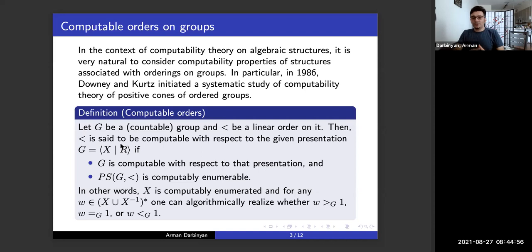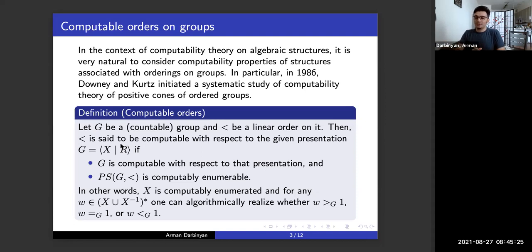In the same way we defined computable groups, in the context of computable structure theory, one can also define computable orders. A given order on the group G is said to be computable if the following two properties take place. Again, we define this property with respect to a particular enumeration of the group.